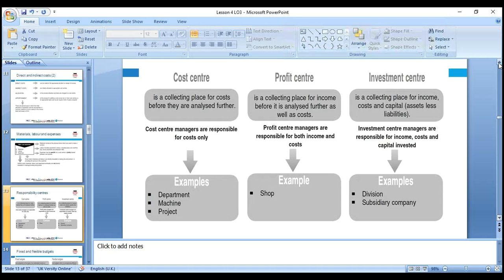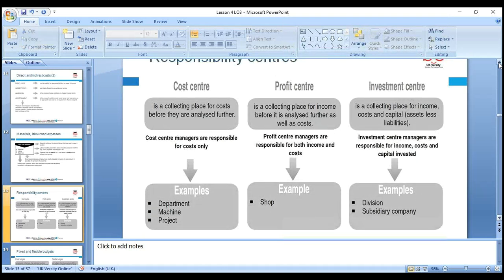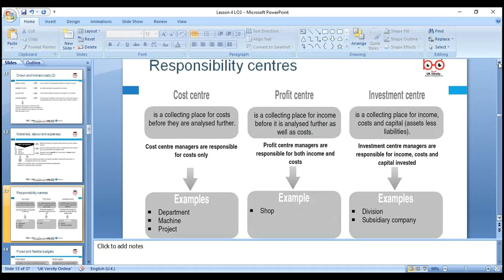Okay, anybody any question? Next we look at the different cost centers, where we can allocate cost. The profit center is the calculation for income before they analyze further, as expected.